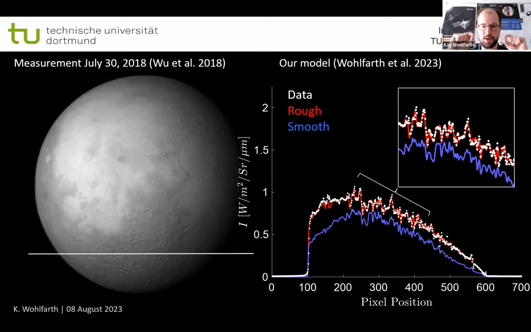So with one parameter, we can shift the thermal emission curve to match the data, and of course external constraints from M cube are used to get the local albedo right.